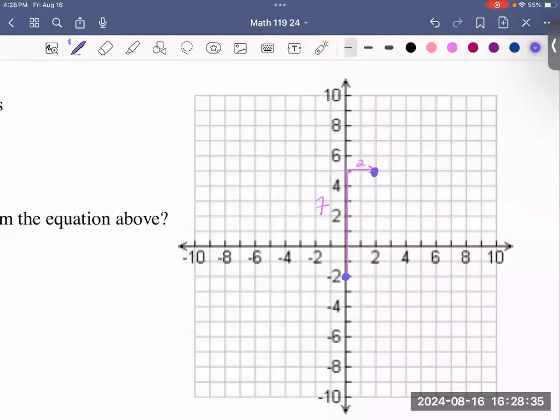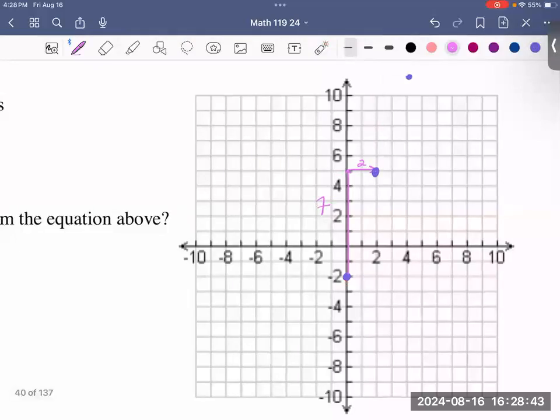So something like here. And if you wanted to go to the other side as well, you just have to go down 7 instead of up. So 1, 2, 3, 4, 5, 6, 7, and then over 2, 1, 2. That would be your next point.